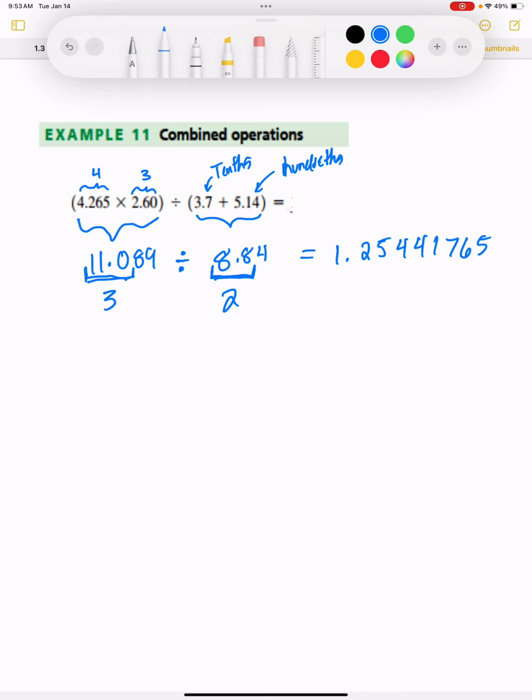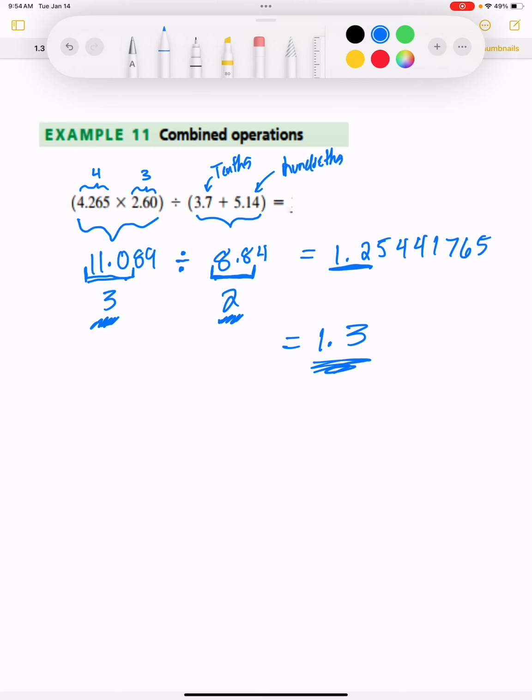But since now I'm multiplying or dividing, and I got 3 significant digits here and 2 significant digits here, when we're multiplying or dividing, I need to use the smaller amount of significant digits. So I can only have 2 significant digits for my final answer, which means I have to round it to 1.3. And that would be your final answer here.